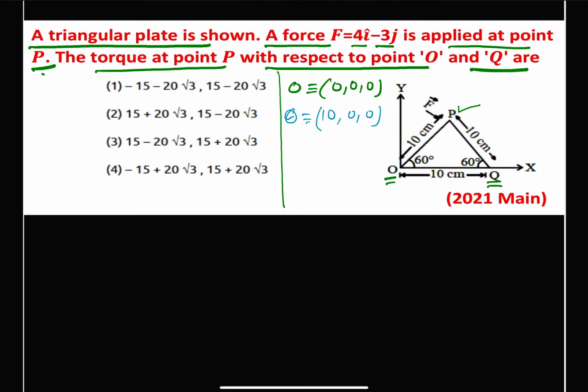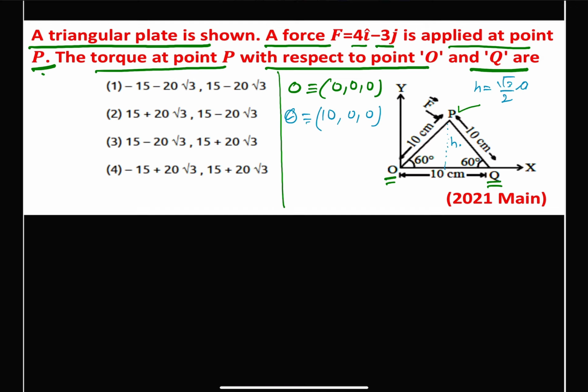For the coordinate of P, we should be knowing the height of point P. So the height of point P is, let us suppose, h. So h comes as square root of 3 divided by 2 multiplied by a. Here a is 10.